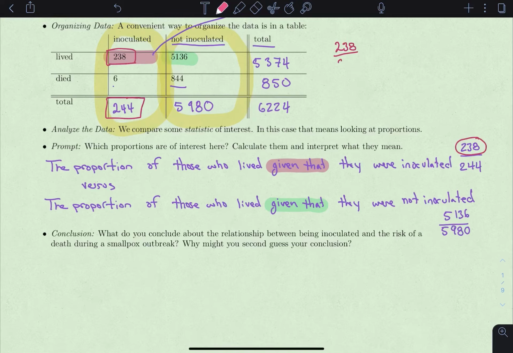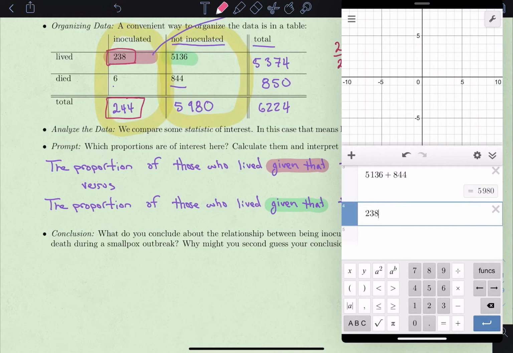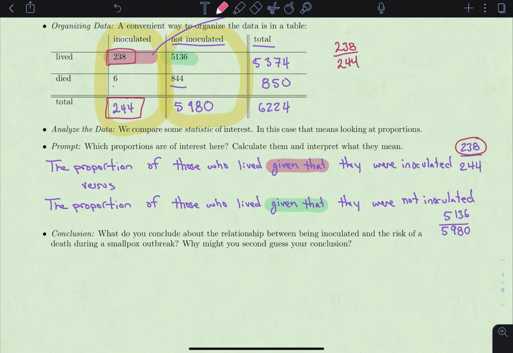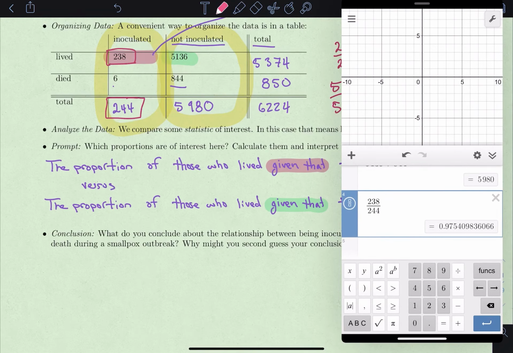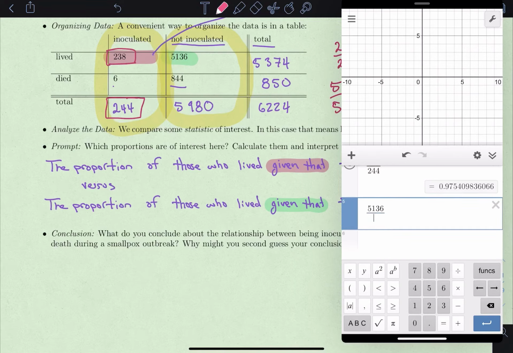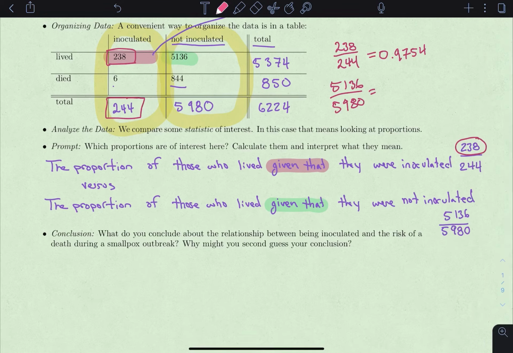238 divided by 244 is 0.9754. Versus 5,136 over 5,980. 5,136 divided by 5,980 is 0.8589.